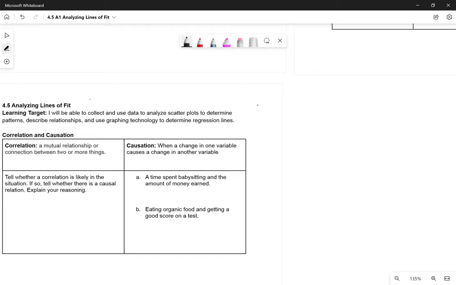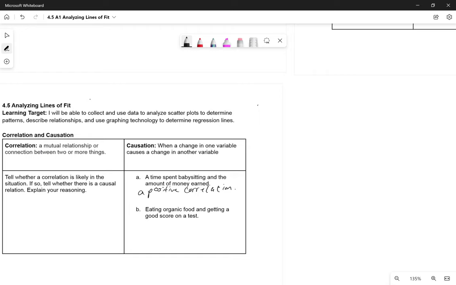And not only is there a correlation, there is a positive correlation. A negative correlation would be if you work more hours, you'll earn less money, which does not sound like a very good thing.